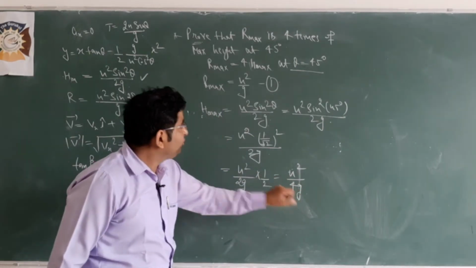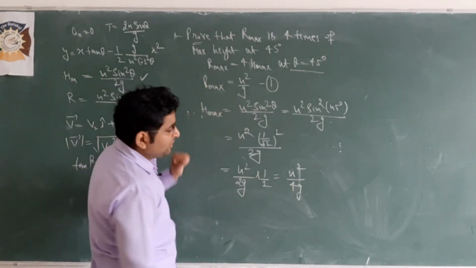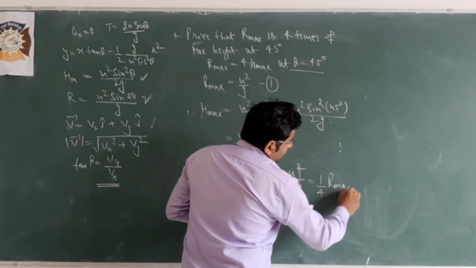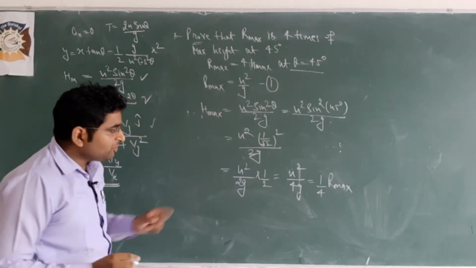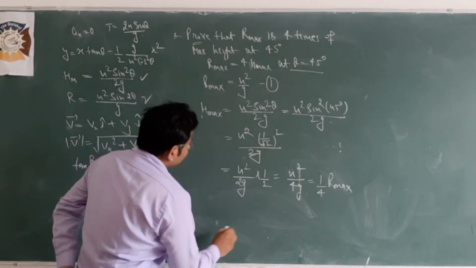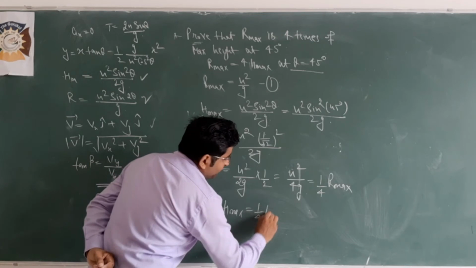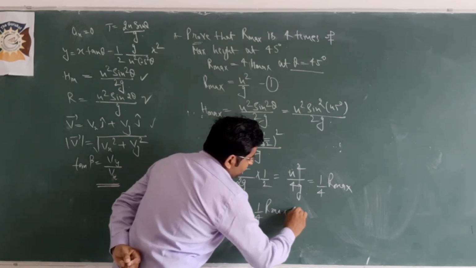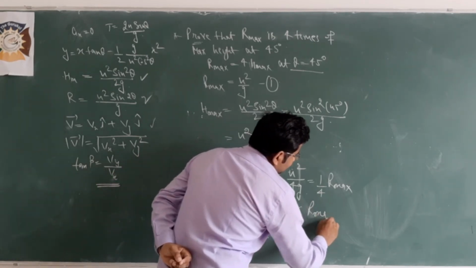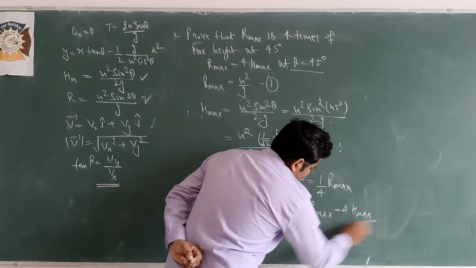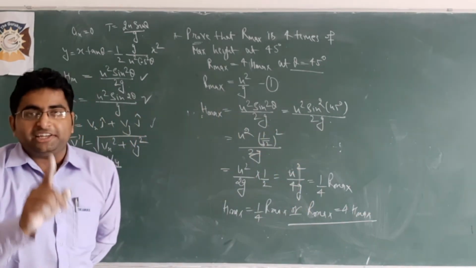Beta u square upon g is the value of R max. So we can write it as 1 by 4 of R max. So from here beta, we can write h max is equal to 1 by 4 of R max. So R max is equal to 4 times of h max at angle 45 degree.